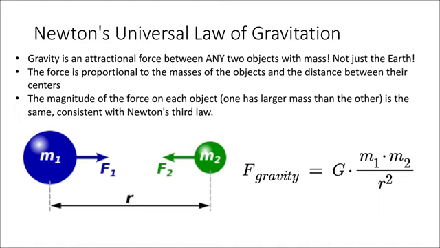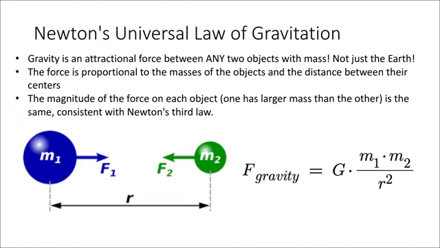It's also important to note that because this is an interaction between two objects, the force that one object exerts on another is equal to the force that that object exerts on it. So for example, if you have two spheres, M1 and M2, shown on the screen here, M1 is attracting M2 towards it. But M2 attracts M1 towards it as well, right?